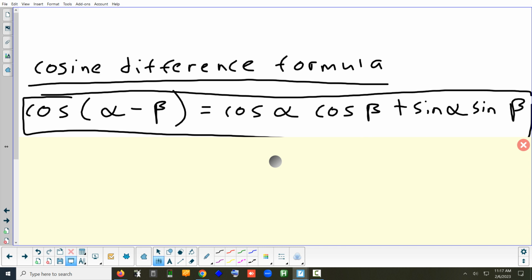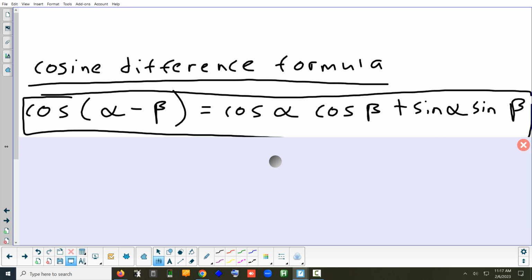It always turns into 4 things. Sometimes the cosines are next to each other and the sines are next to each other and there's a plus between them. Sometimes it's cosines and sines with a minus between them. Sometimes the sines and cosines are mixed. Like you have a cosine times a sine and then a cosine times a sine.